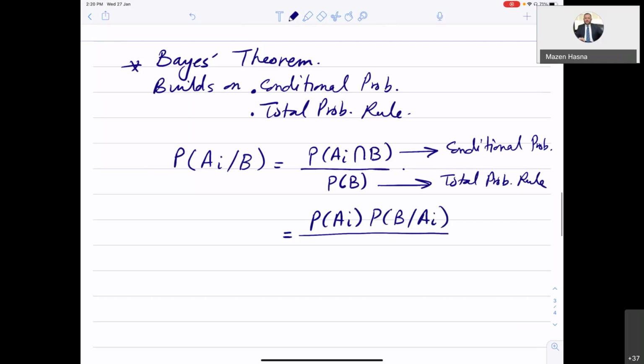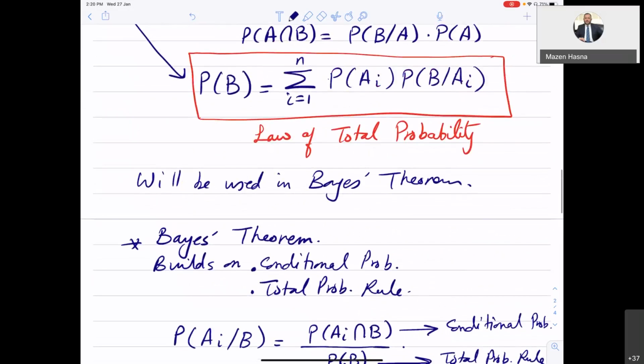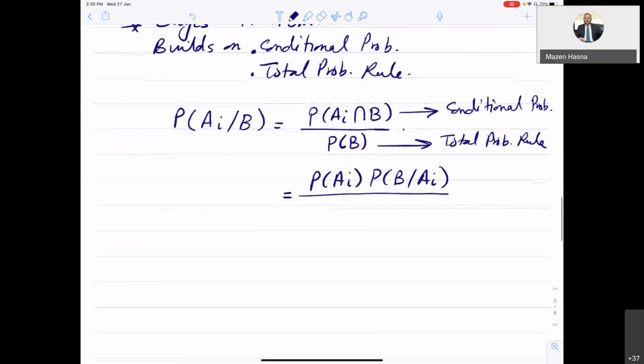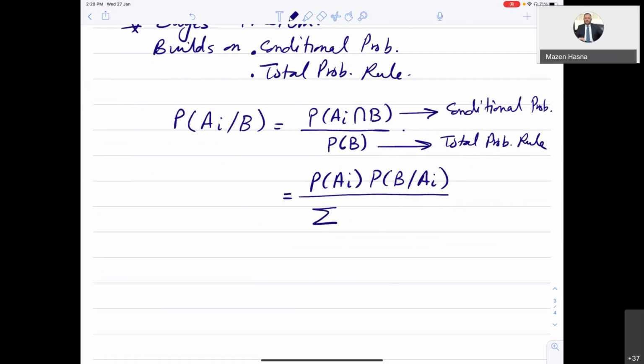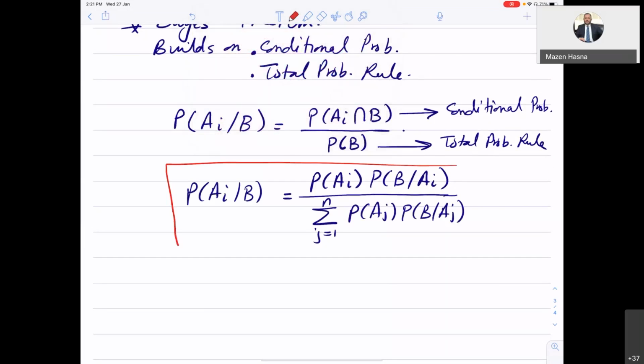And for the denominator, from the rule that we just derived, I can write it as the summation from j equals 1 to n of probability of A_j times probability of B given A_j. And this is the Bayes theorem. Very shortly, we'll see why it is important.